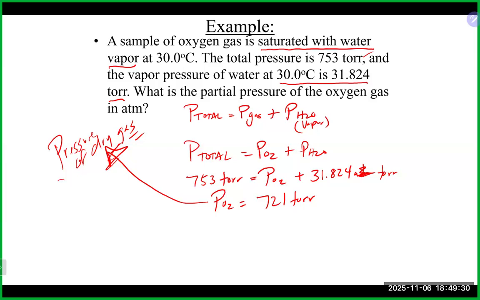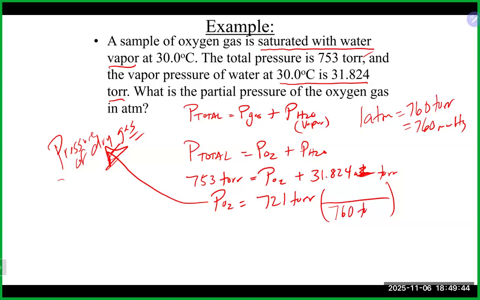We do want it in atmospheres, so a reminder that 1 atmosphere is equal to 760 torr, also 760 millimeters of mercury. So we're going to divide it by 760 here, and that's going to give us atmospheres. That'll get us 721 divided by 760.